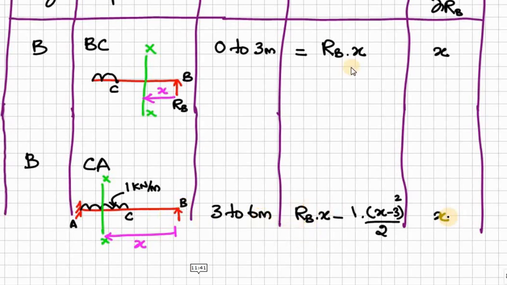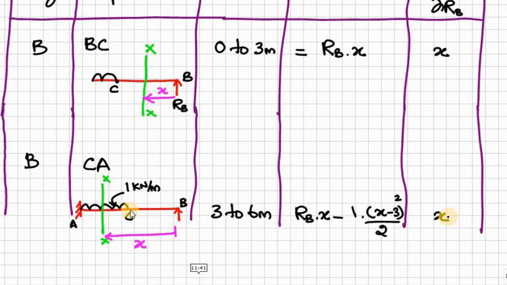So, taking moment, RB into X positive, but the UDL is acting downward here, so negative. So minus the intensity of the UDL into the distance from C to the section. So overall is X meter, and BC is 3 meter, therefore X minus 3 will be our UDL portion.